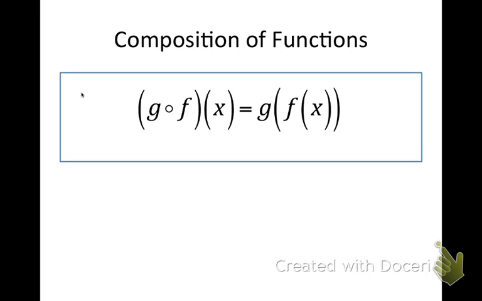This is not multiplication, it's not a closed dot, it's an open dot. So we say it g of f, or f of g, whichever order, or h of r, whatever the functions are. So if I need to find g of f of x, that means I'm going to take whatever the f function is and put it in place of the g function.